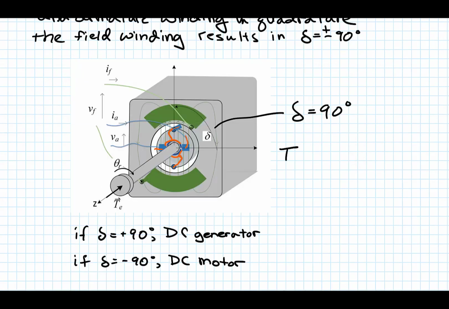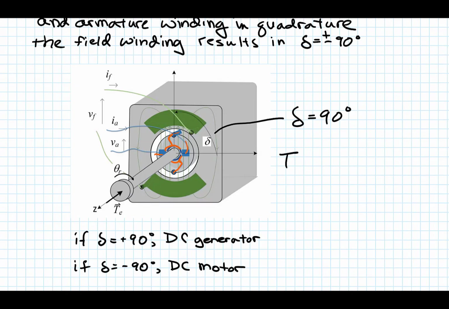As a result, the torque produced by this DC machine, if it is a motor, would be equal to the negative of the turns on the armature times the flux times the armature current times sine of negative 90 degrees, which is a positive number then.